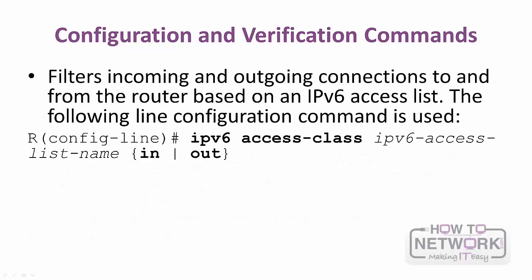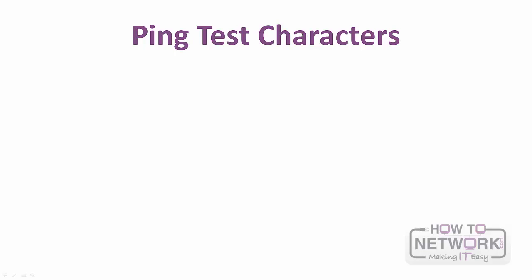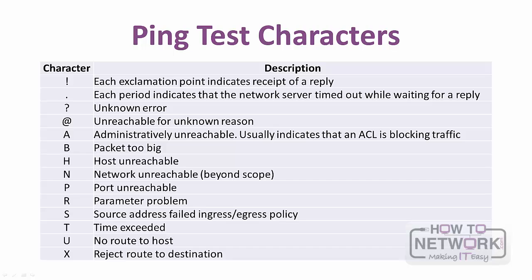Filters incoming and outgoing connections to and from the router based on an IPv6 access list. The following line configuration command is used. Displays the content of all current IPv6 access lists. The following table shows a listing of the IPv6 ping test characters.